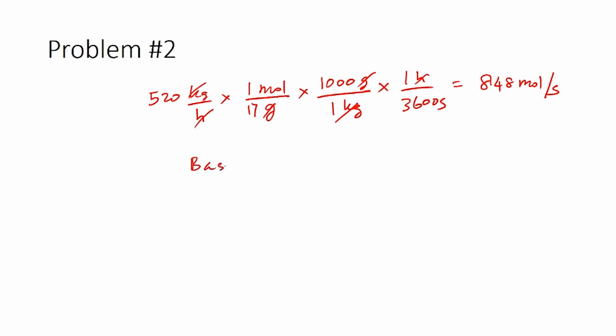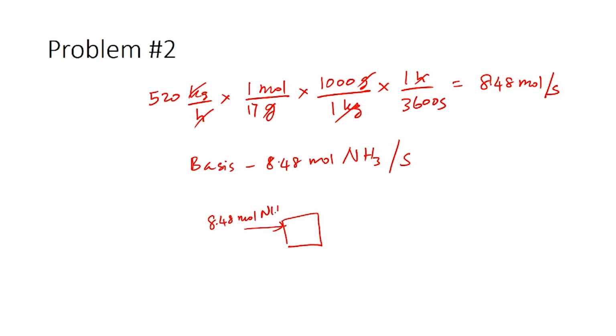So, the basis for this problem would be 8.48 moles of ammonia per second. Using this basis, let us now draw the flow chart for the system. We have been told that there is a gas blending unit where you have one feed which is ammonia, that is 8.48 moles of ammonia coming in per second at 25 degrees Celsius, and there is another stream of air coming in.